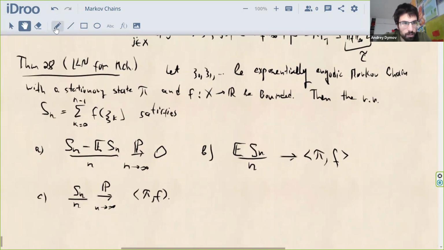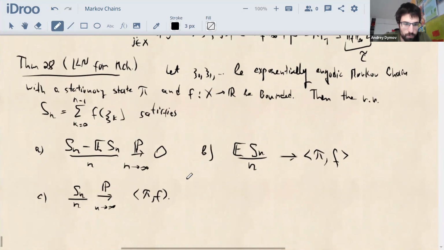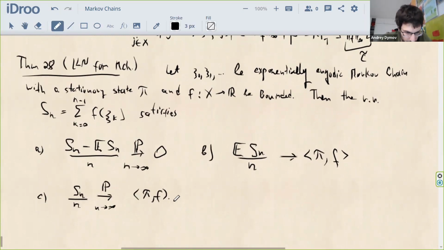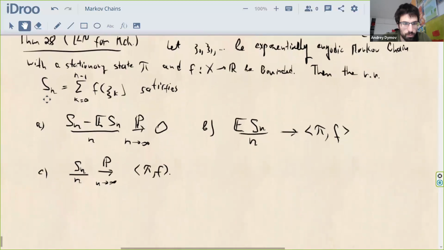And this implies that Sn over n converges to this number. Actually, this is a question for you. Is it possible to represent this object as an expectation of some random variable or not? What do you think?